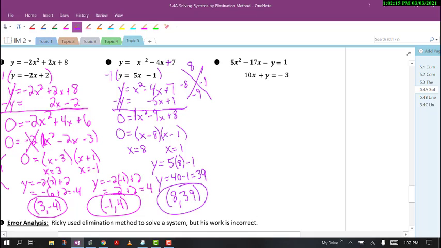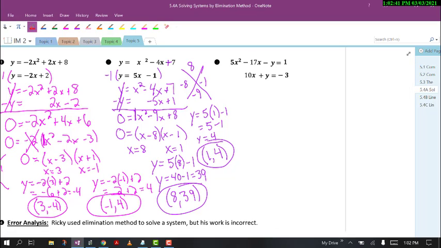Kind of running out of space here, so I'm going to jump up here. So y equals 5 times 1 minus 1. That's just 5 minus 1, or 4. So our second solution is x is 1 and y is 4. So not too bad. Hopefully we're getting a better handle on this.